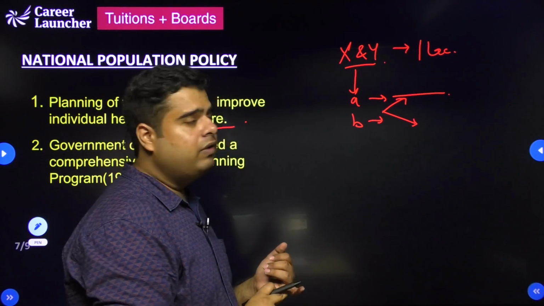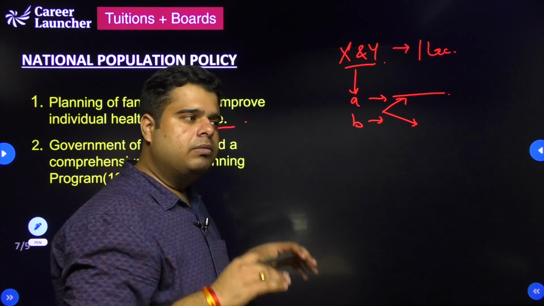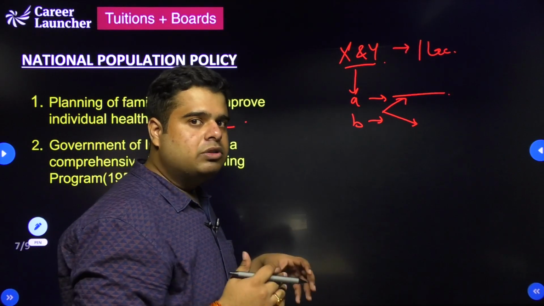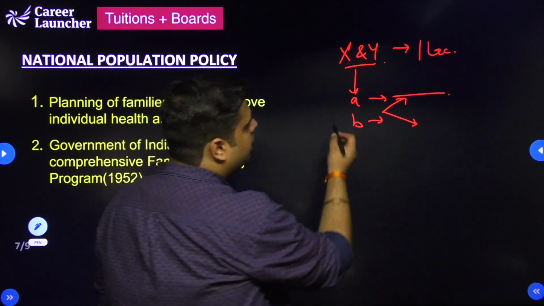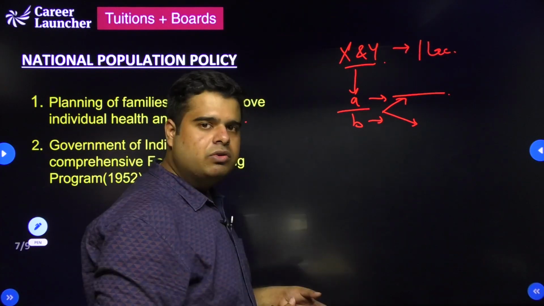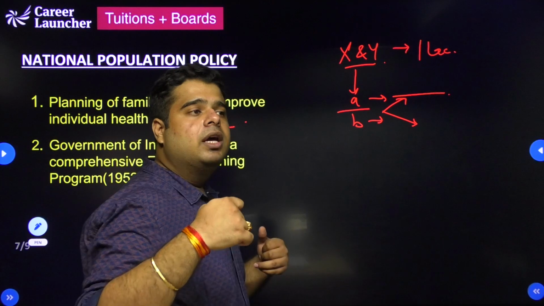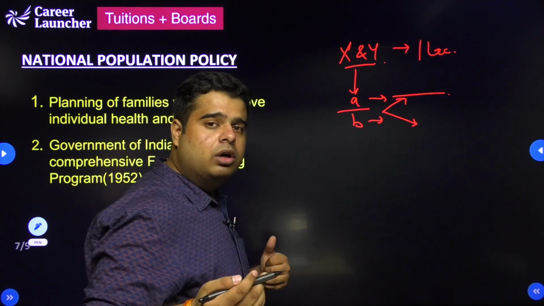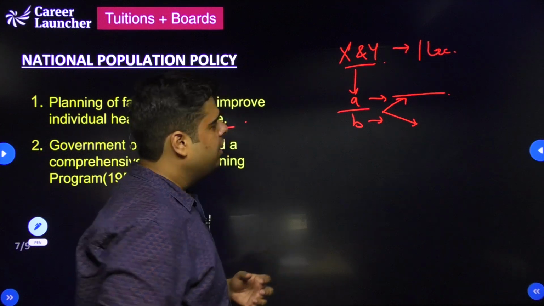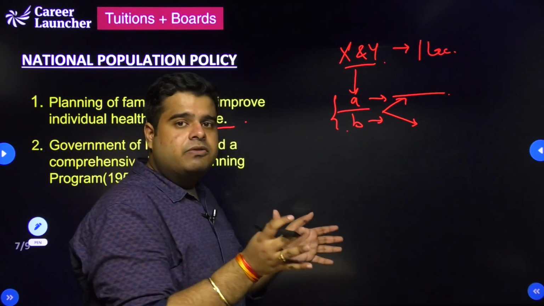So this will reduce the attention or proper resource management for an individual. If he was a single child, he will get all the resources, a good schooling, good education, and will grow up with more care and more personality development. But when there is another child, the resources will be diverted.